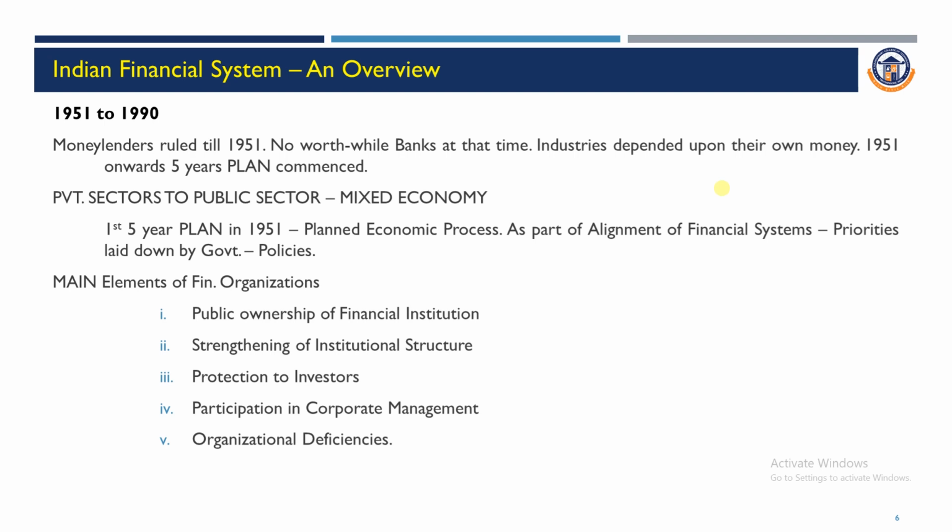The following aspects happened in 1951 to 1990: public ownership of financial institutions happened, and strengthening of institutional structures also happened. There was more protection for the investors' money than what we had before the 1951 period, and the emergence of corporate management systems happened and organizational deficiencies were also addressed.